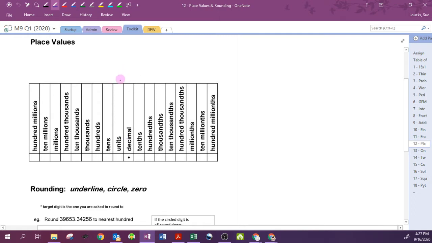And then we kind of think of these as the family. This is the ones family. And this is the thousands family. And then there's the millions family. And then there's the billions, which I didn't include here.